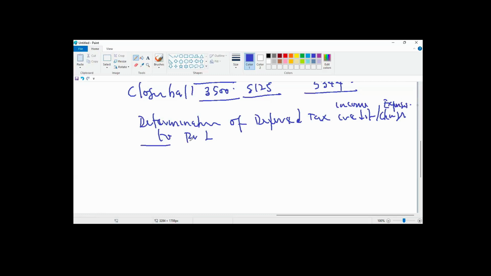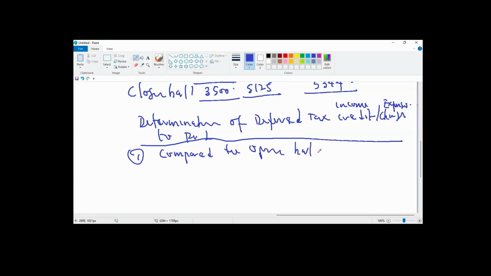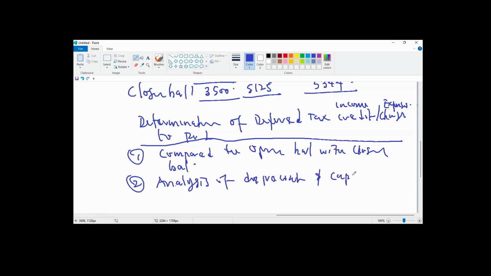Now, one is by comparing the opening balance with the closing balance. This is one. The second one is analysis of depreciation and capital allowance.